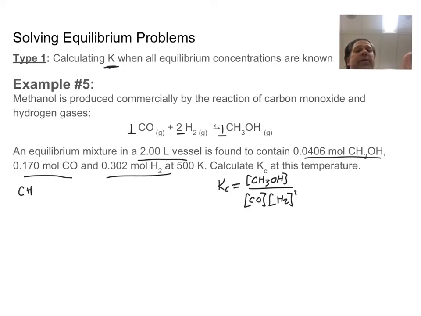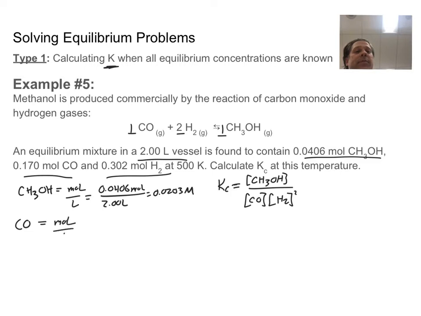So for methanol, CH3OH is moles per liter. I'm going to take the 0.0406 moles over the 2 liters, which is 0.0406 divided by 2, 0.0203 molar. For the carbon monoxide, it's all in the same container, again moles per liter.